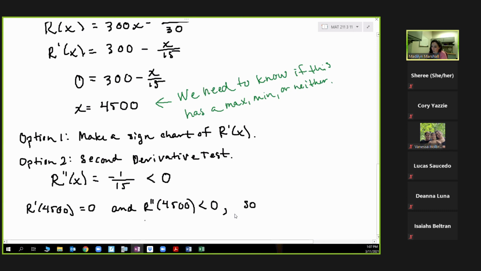So there is a local maximum at 4,500, and that's r of 4,500.